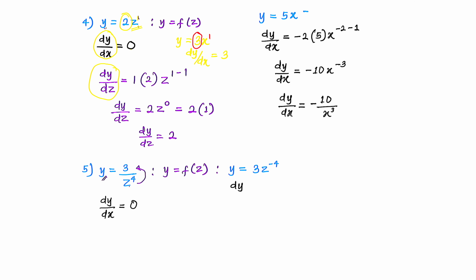The derivative of y with respect to z equals, bring the power down, negative 4, multiply with the existing coefficient, 3, write the variable back again, subtract 1 from the power.